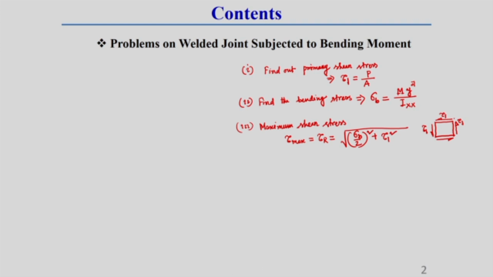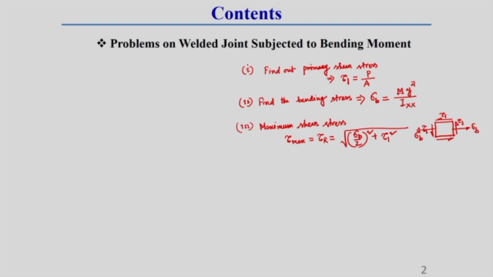If there is an anti-clockwise moment due to the upward and downward primary shear stress, then on the top and bottom sides there should be a clockwise effect. So, the state of stress of an element due to the combined stress, tau 1 and sigma b, is like this.